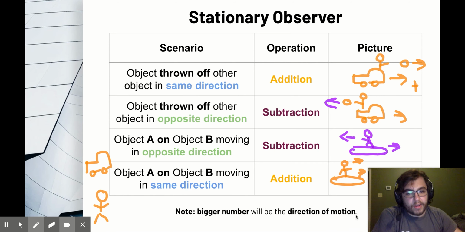Always in these scenarios, whatever number is bigger will determine the general direction of the object. So with any of the same directions, it's easy enough to see. But like with the lady on the treadmill traveling the wrong way, she was still traveling faster than the treadmill was, so she was still generally moving to the left. But whenever the treadmill was the only thing moving, she was traveling to the right.